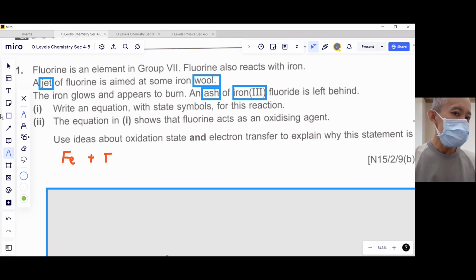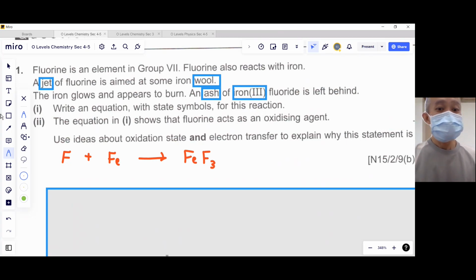Fe plus F. Balance already? And how to balance?